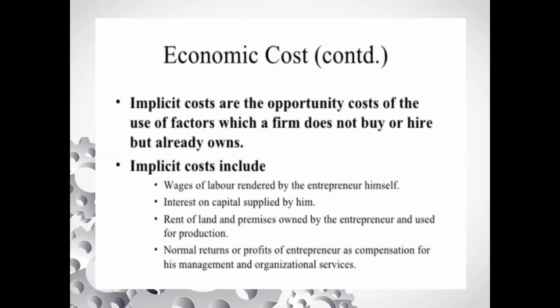So whenever we are calculating the economic cost, we have to deduct the implicit cost with the explicit cost. So the formula for calculating the economic cost, we can say, is explicit cost minus implicit cost.